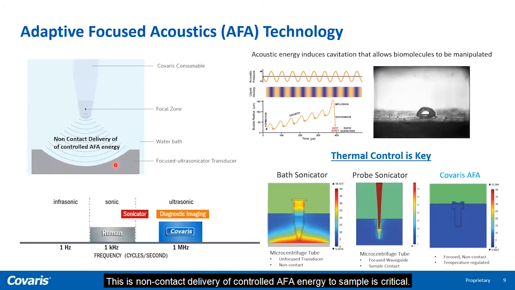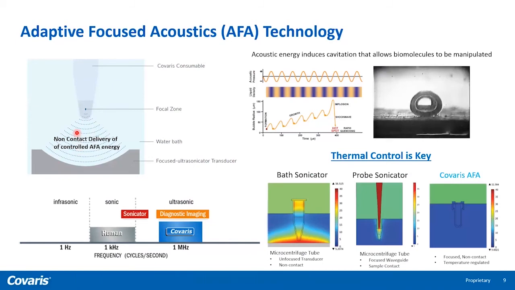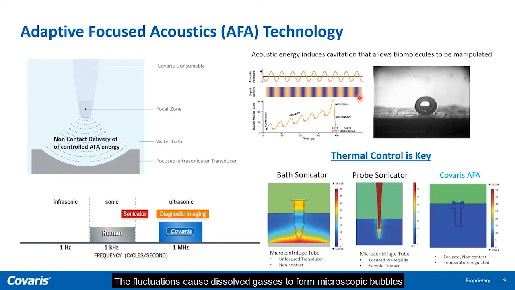This non-contact delivery of controlled AFA energy to the sample is critical. The sample vessel is designed and optimized to effectively transfer the acoustic energy. The acoustic waves passing through the solution cause localized pressure fluctuations. The fluctuations cause the dissolved gases to form microscopic bubbles.